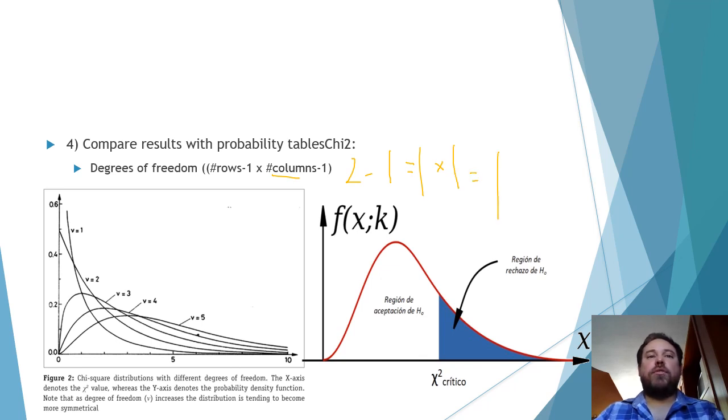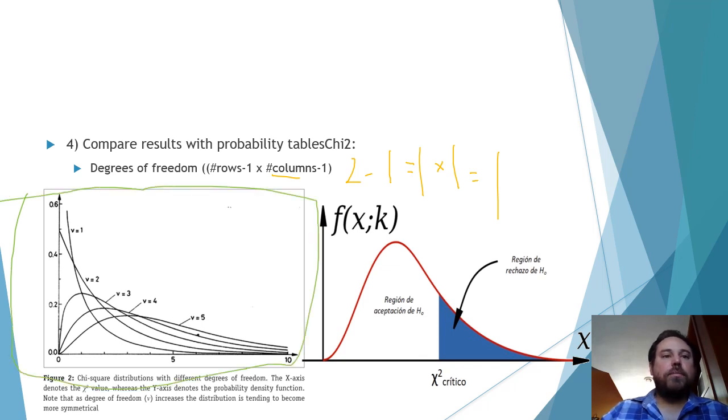So our degrees of freedom is 1. This is important because, as you can see on the left side, the distributions of the chi-square are different for each degree of freedom. The more degrees of freedom, the distribution appears to approach normality.